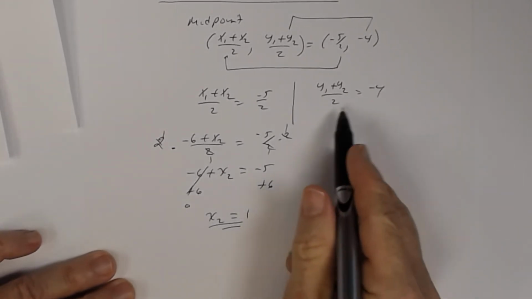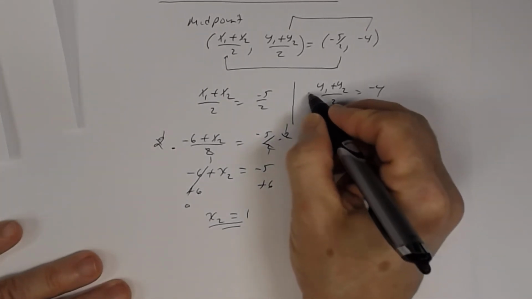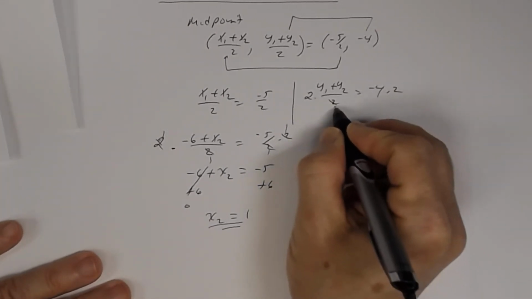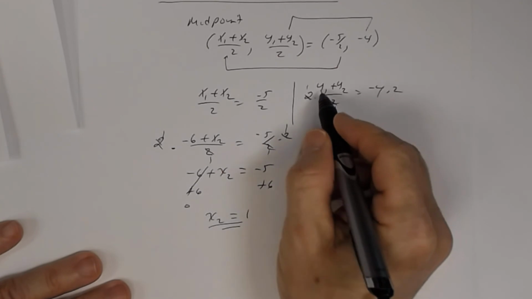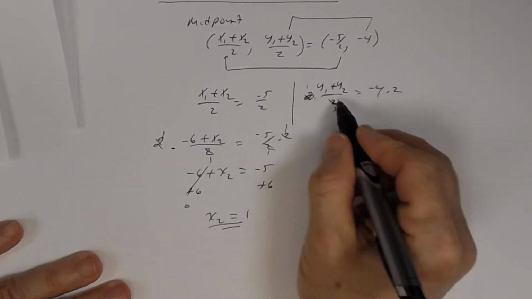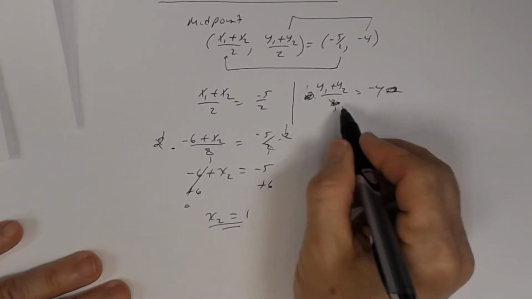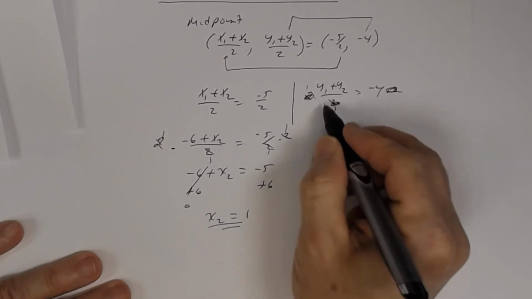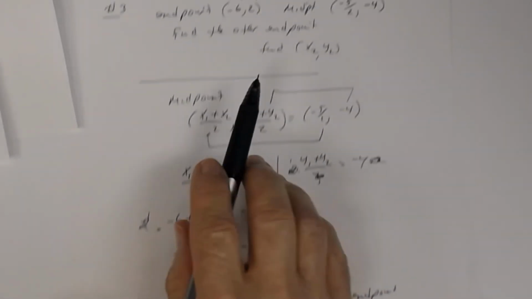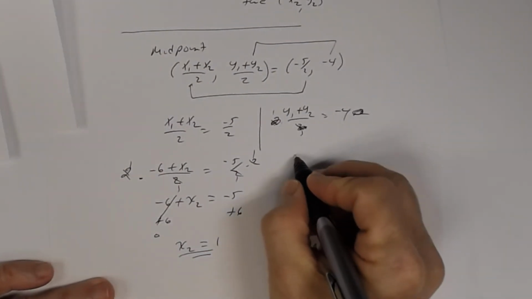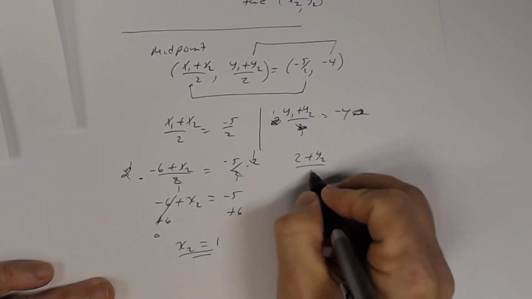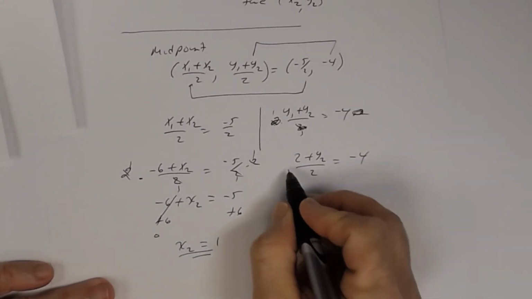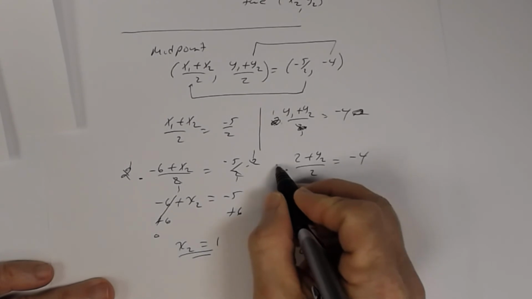Now let's find the y coordinate. Oh, I'm sorry, I forgot to put the y1 in there. Excuse me. Let me do that here. So y1 is 2. So you get 2 plus y2 divided by 2 equals negative 4. So now let's multiply both sides by 2.